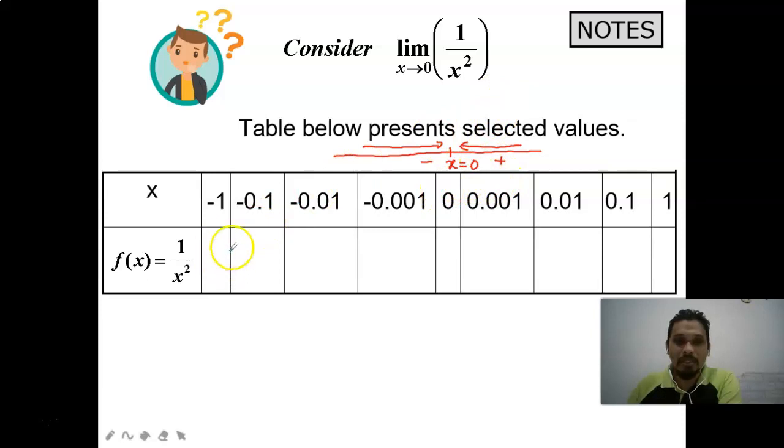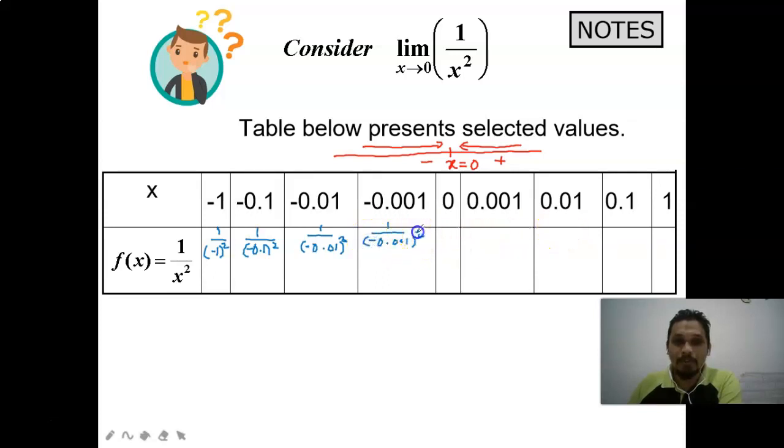So just imagine that this is 1 over negative 1 squared, 1 over negative 0.1 squared, 1 over negative 0.01 squared, and the last one here for the left side, 1 over negative 0.001 squared.